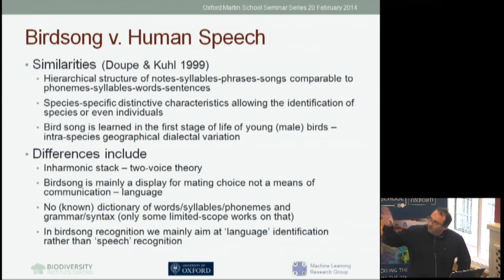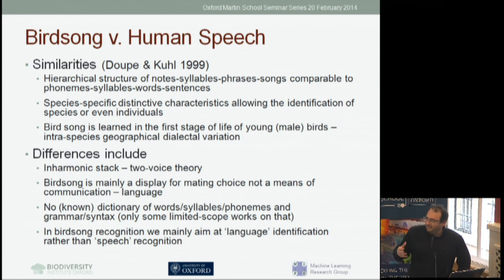There's a long list of similarities between birdsong and human speech, and the reason I'm putting that up is that a large part of the work so far in automatic birdsong recognition has relied on tools that we largely use in speech recognition, but there are quite a few dissimilarities also. I'm going to pinpoint the more important ones. Birdsong is not a language. Even though it resembles language in many aspects, it has syllables.